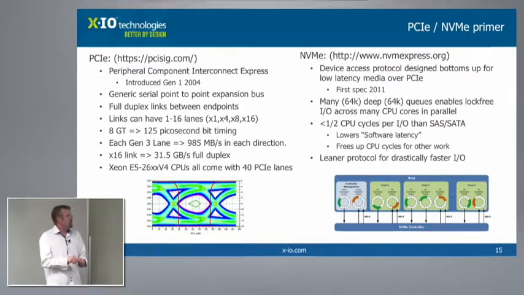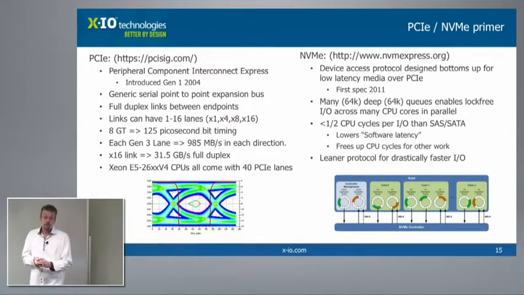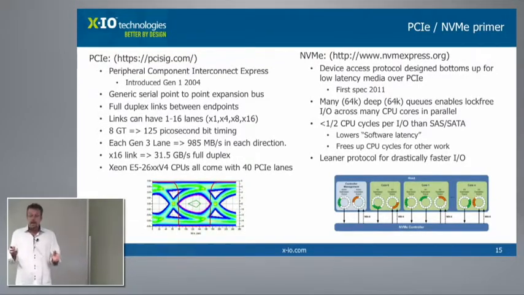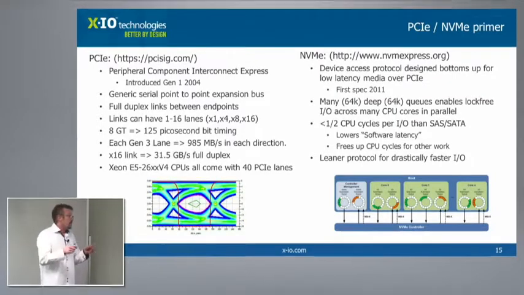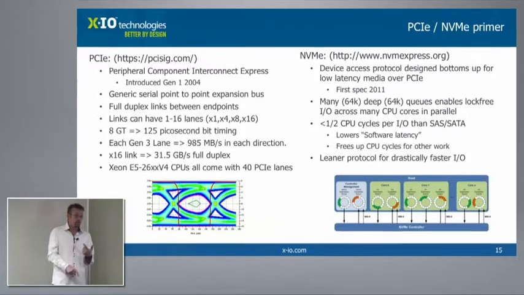So what's different about NVMe is that it is massively parallel. 64,000 queues, 64,000 entries per queue, which allows for a completely lock-free distribution of those I/O queues between the cores to give you a very low latency, high performance API. And on top of it, it is a very, very lean protocol. It is less than half the CPU cycles for every I/O.